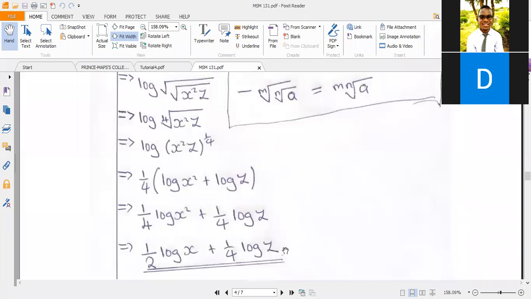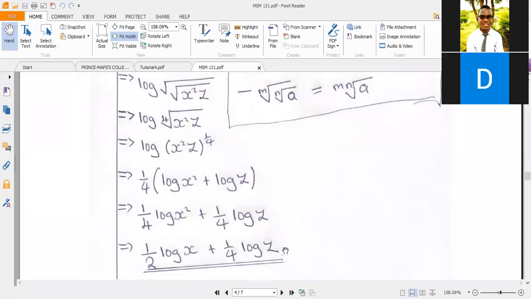Sir, yes, sir. What if you went on to simplify, you write it as log x over 2 plus log z over 4? Can you just repeat your question?